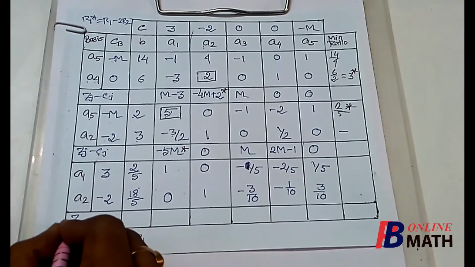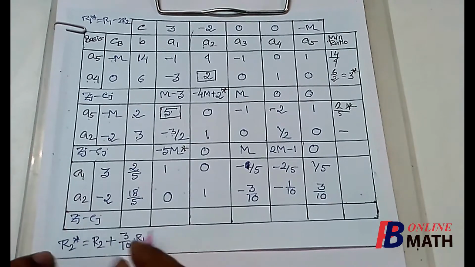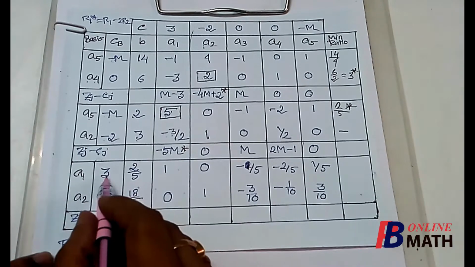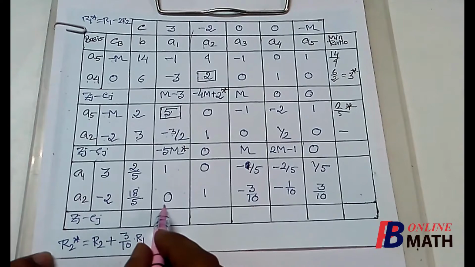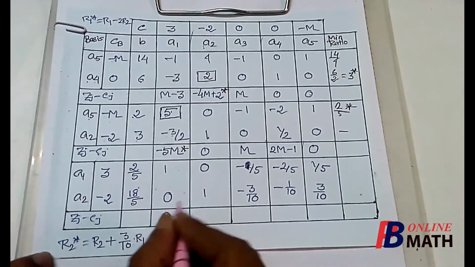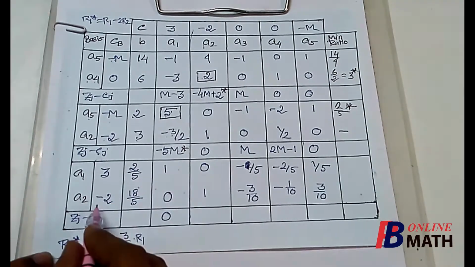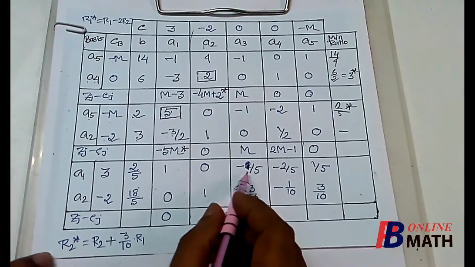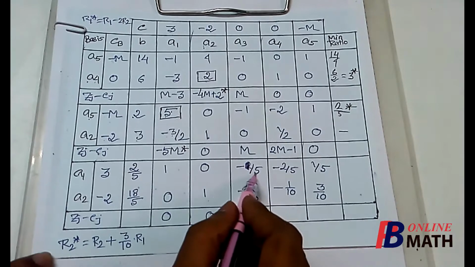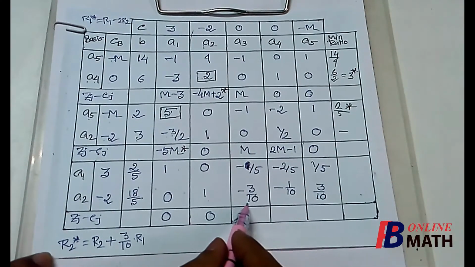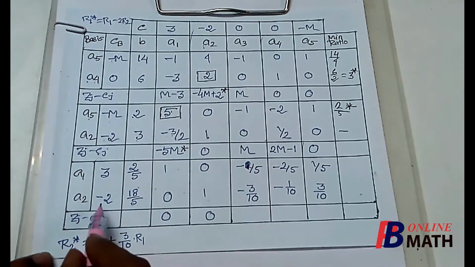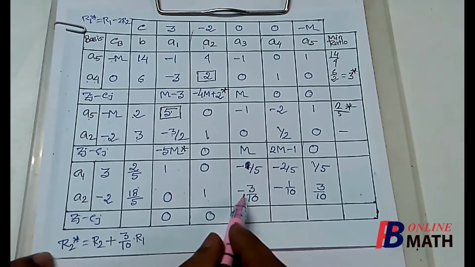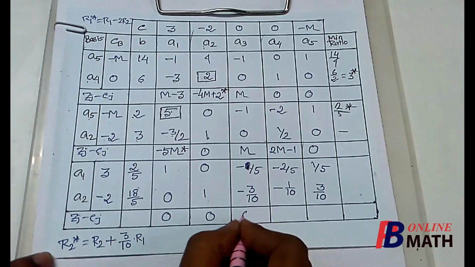Now we find Zj minus Cj. Now this value will be 3 into 1 plus minus 2 into 0 minus 3, so it is 0. It is 3 into 0 minus 2 plus 2, so it is 0. This one will be minus 3 by 5 plus 6 by 10, so minus 3 by 5 plus 3 by 5 minus 0, so it is 0.